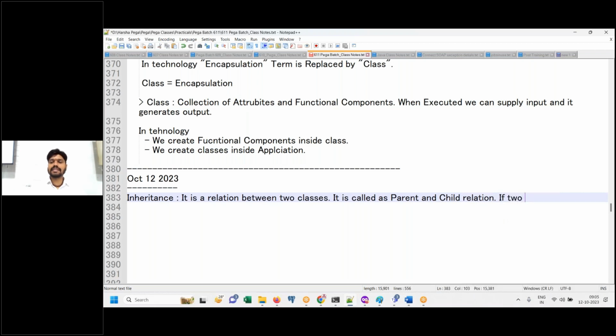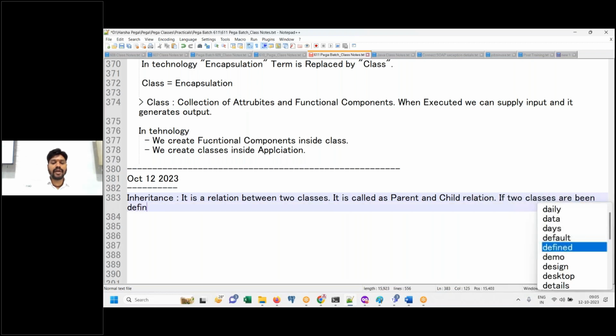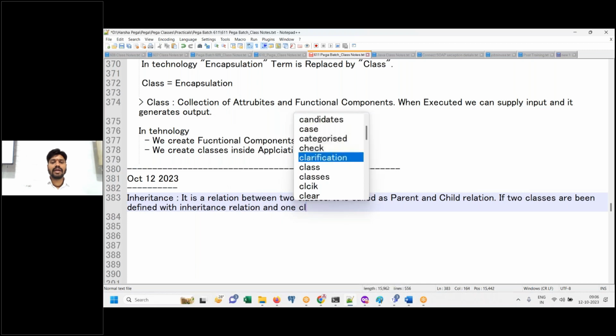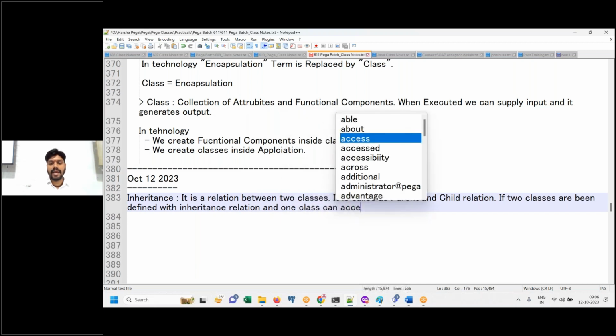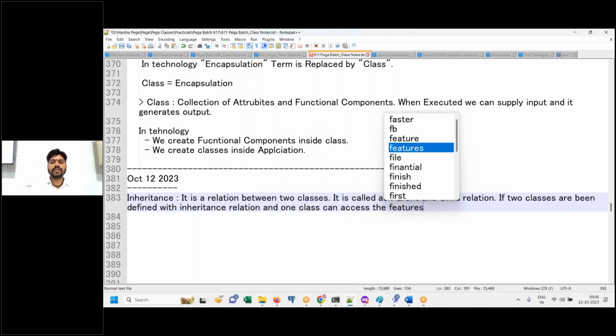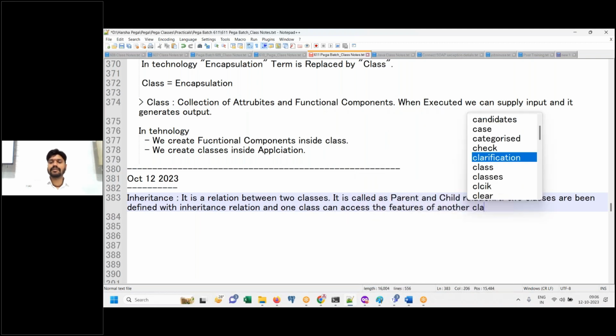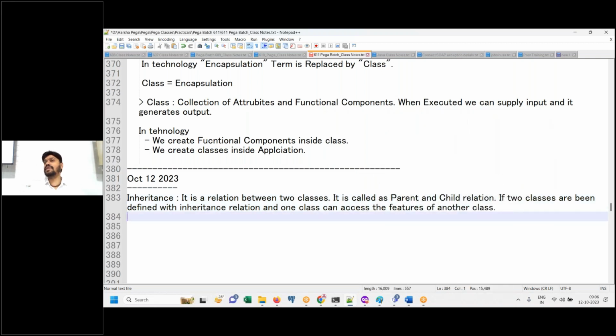If two classes are defined with an inheritance relation, then one class can access the features of another class. Which class can access which other class?